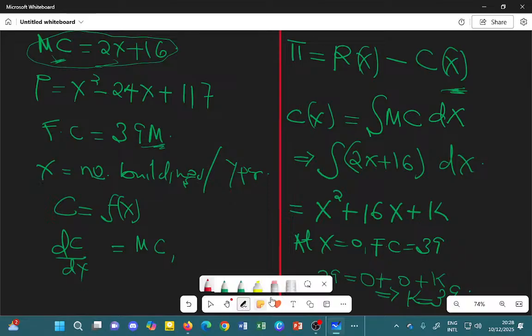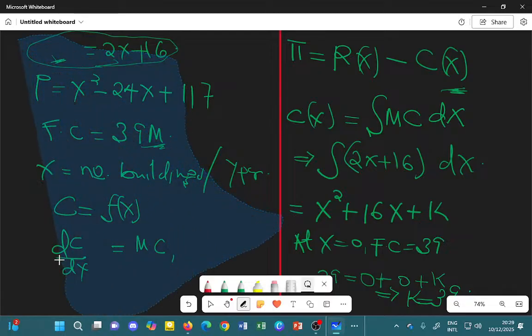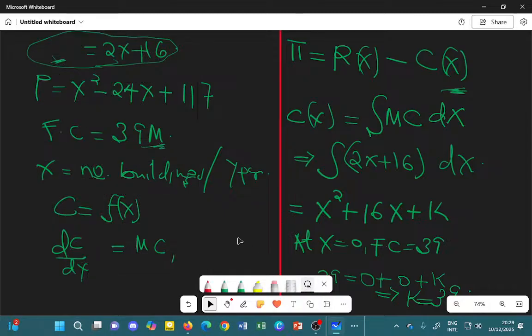Okay, just a moment. I've drawn an ugly one, but I hope it will help me do it in a flash.